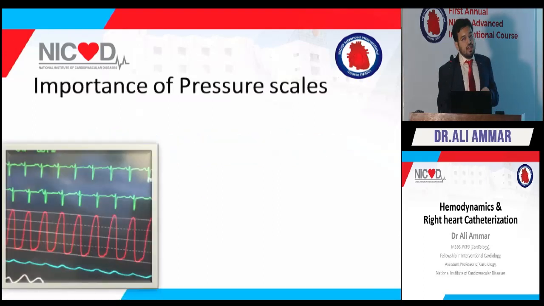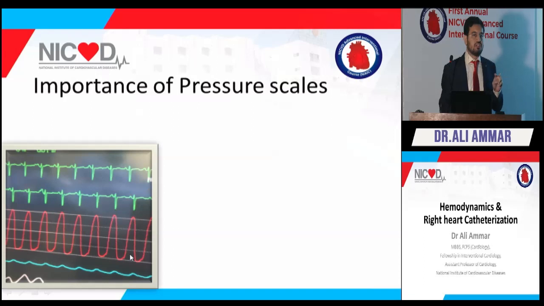So there is another slide that is also giving you a thoughtful thought. These are the pressures that were recorded from a ventricle. Which ventricle, we don't know. Why don't we know? Because we don't know the position of the catheter. We don't know the pressure scales here.